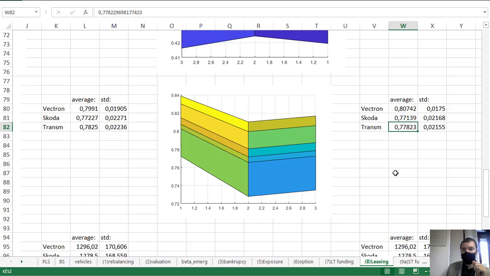Hmm, actually it's highly inconclusive what is happening when we are using lease. Here it's significantly higher, here I can't say anything, and here the average is the same. And here it is significantly lower for the Transmontana. Cool.